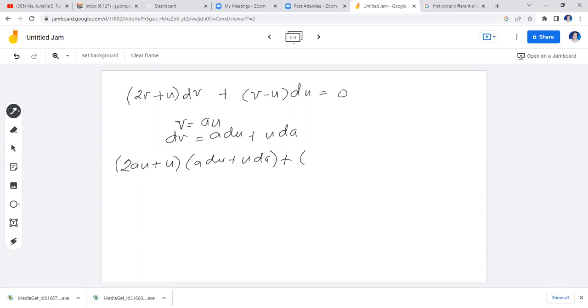Plus another v there, which is au minus u, and the du is the du, equal to 0. Then we check whether we can cancel common factors in here without having to do expansion, to save us time. You see a u and a u here, which could be factored out.